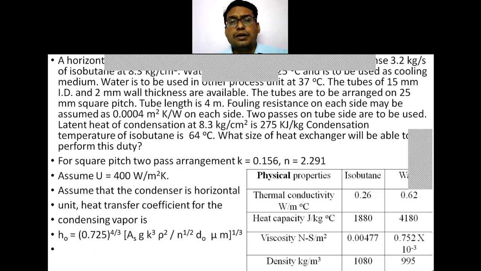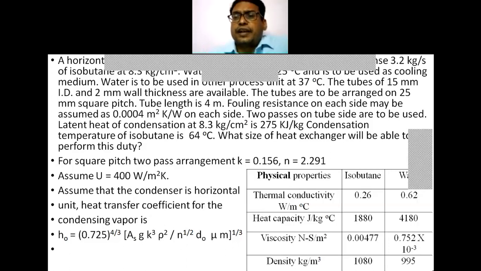Now the next problem is related to the designing of a shell and tube heat exchanger. The horizontal shell and tube heat exchanger is to be designed to condense 3.2 kg per second of isobutane at 8.3 kg per centimeter square. So the vapor's flow rate mentioned here is 3.2 kg per second, and the pressure is also mentioned for the isobutane.